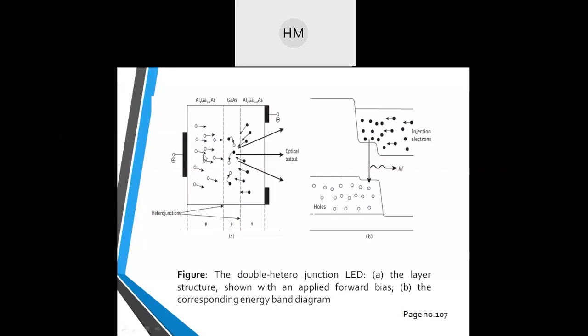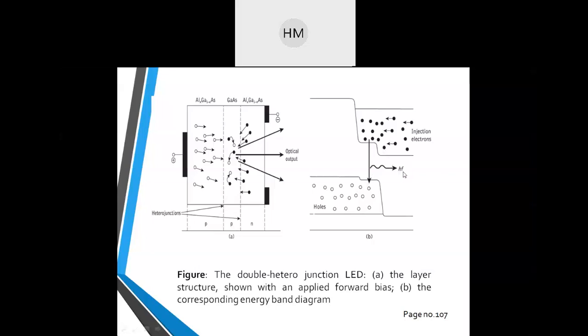Electrons will travel to this side, holes will travel to this side, and hole electron recombination will take place in the active layer with the production of photons. And this is the semiconductor energy band gap diagram shown to you. Holes and electrons with the radiation of energy. And this radiation of energy is spontaneous.